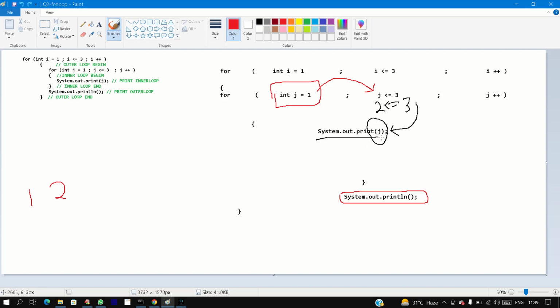Fine. Now 2 is printed. We will be going to j++ for updating itself. Now this j++ is guiding that, dear j, you have to increment yourself by 1 whenever you will be used again.